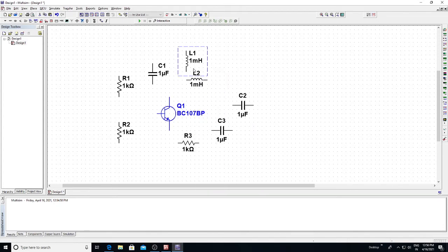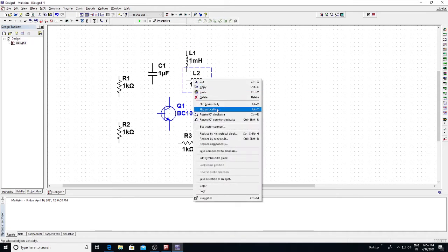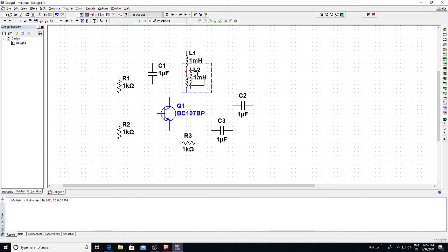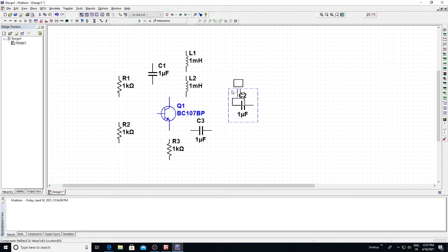So rotate this and rotate this L2. They should be connected in series, and you have a resistor which is placed at the emitter end. Right, and here we need to connect a capacitor, and a capacitor at the output end. Right, now connect all the circuit components.